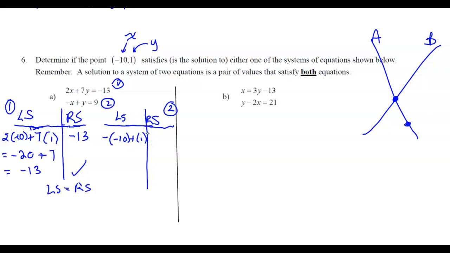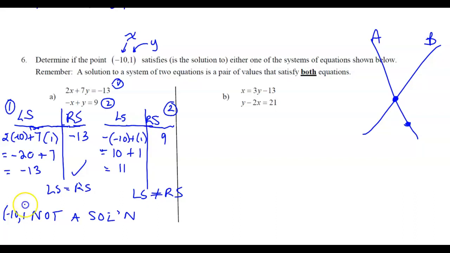So I put brackets around whatever I'm substituting. My right side is 9. So when I do this, I get 10 plus 1, which is 11. So the left side is not equal to the right side. So this is not a solution. Negative 10, 1 is not a solution.